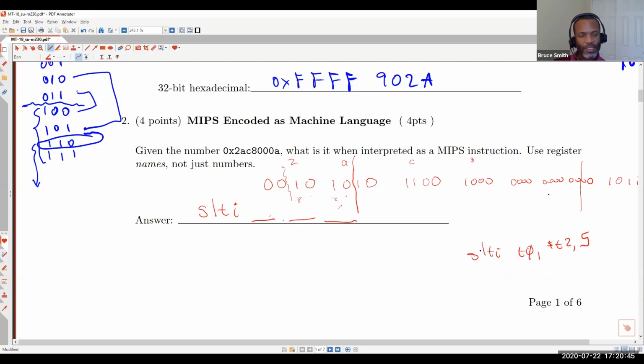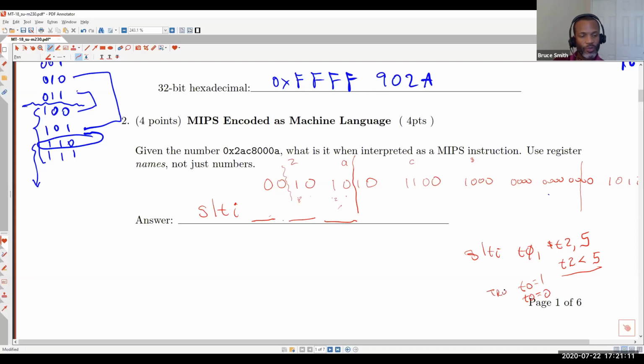The way the set on less than instruction works, it does a comparison between a register and an immediate, meaning a constant. If it's true, it will set T0 equal to a 1. If it's not true, it'll set T0 equal to a 0.